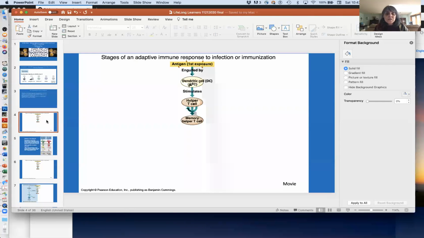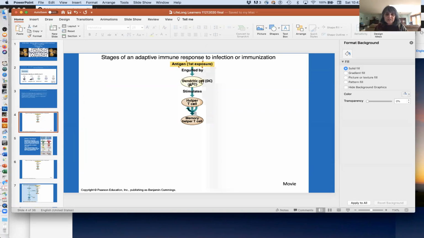So first, let's talk about how the immune system first gets alerted to a pathogen. Antigen is a term that immunologists use just to talk about any molecular entity that can elicit an immune response. So by definition, bacteria and viruses are antigens.